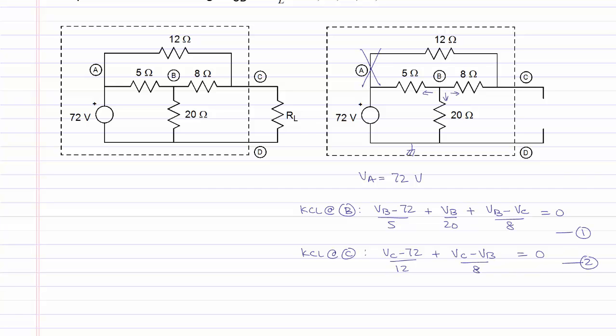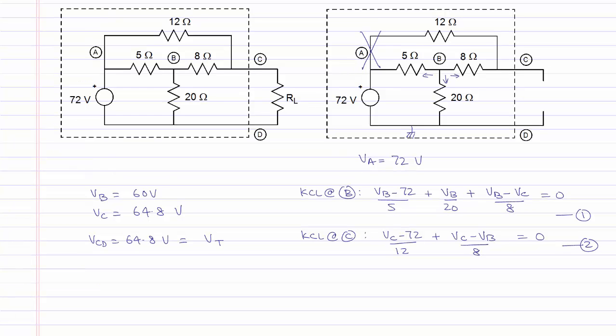We can solve them. The solution of these two equations will give us that VB is equal to 60 volts and VC is equal to 64.8 volts. Therefore, the open circuit voltage VCD is equal to 64.8 volts, which is also equal to the Thevenin voltage VT.